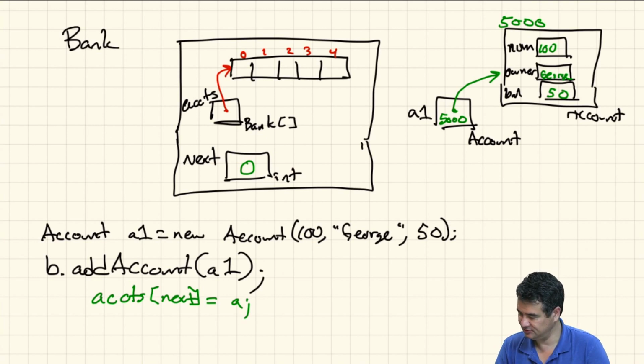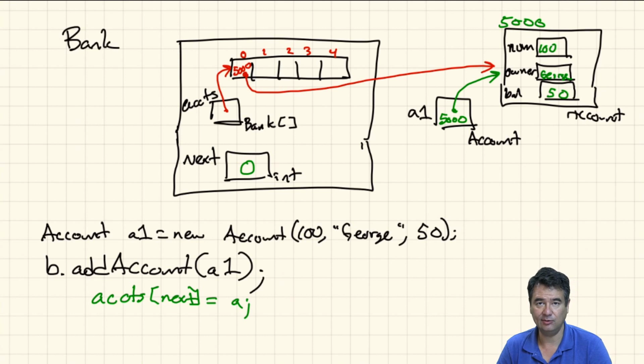What that's going to do is take the address stored here in the account being passed in and put it into element number 0 over here. You can think of it as putting the number 5,000 right in that spot, but it has the effect of making this box point to the same thing that A1 is pointing to.